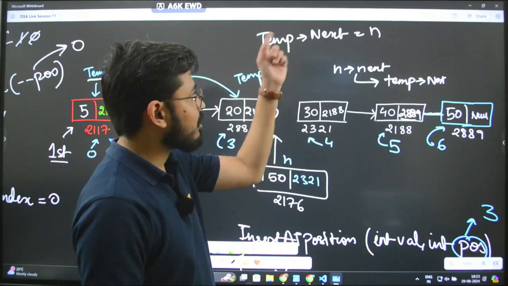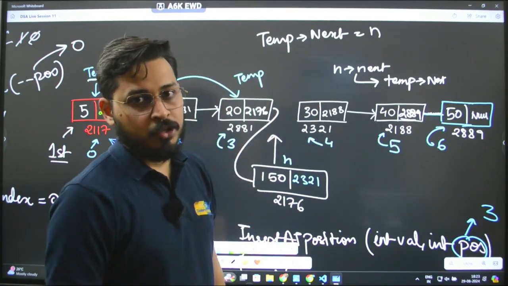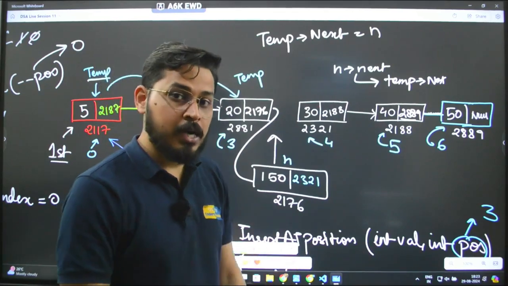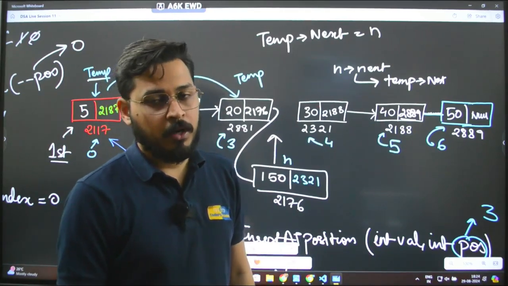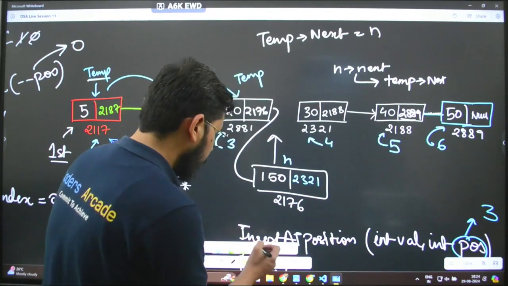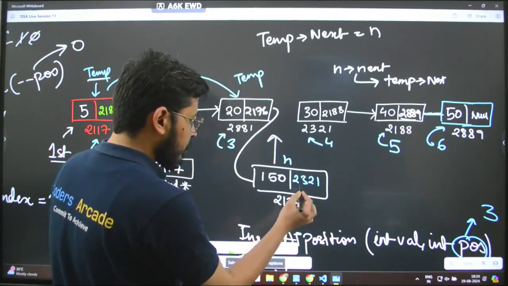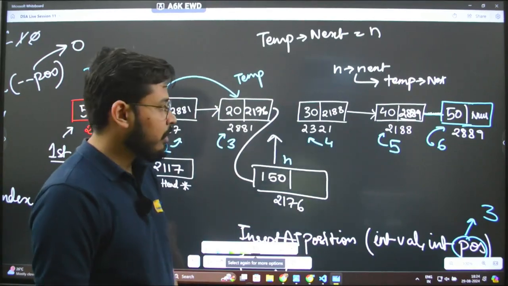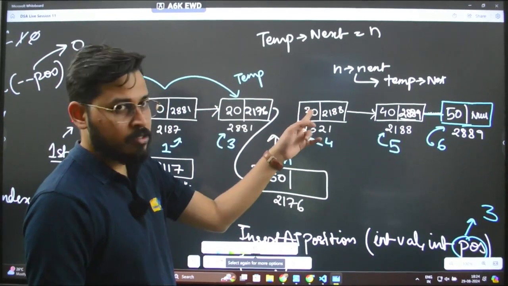So if you do this step first, you will only do harm in your program. Understand my point? Because now the n of next doesn't have anything. So how will you connect n of next with this?